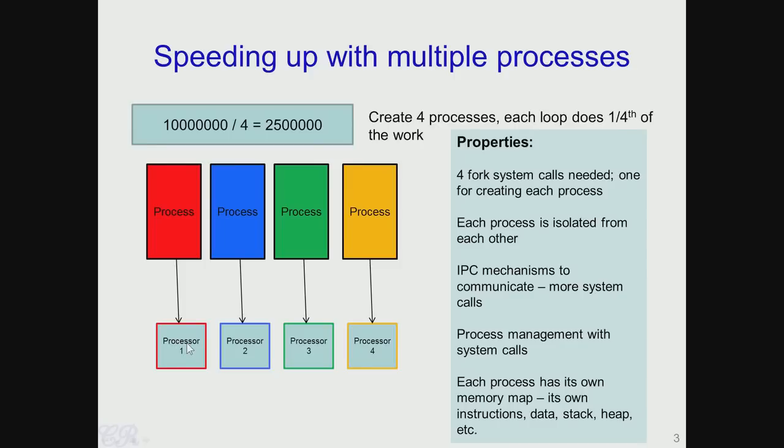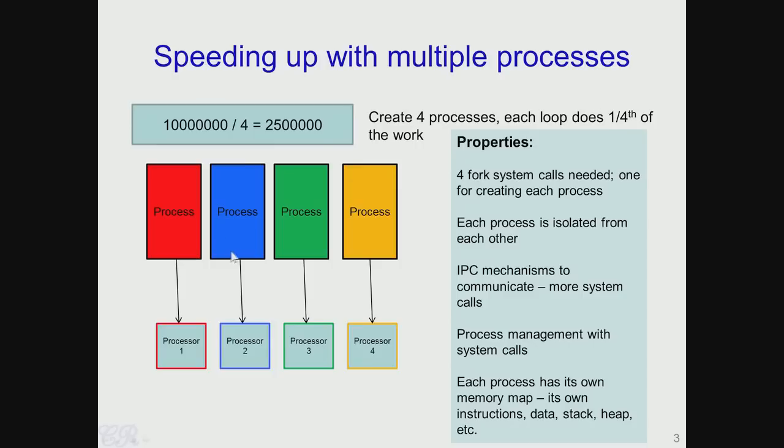The other way is shared memory, in which a shared memory region is created, again by use of system calls, and this shared memory can then be used for IPC between the processes.